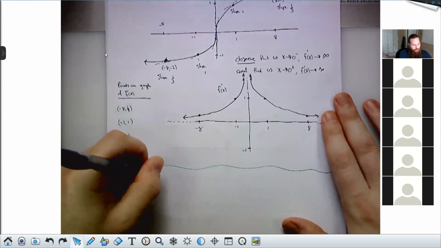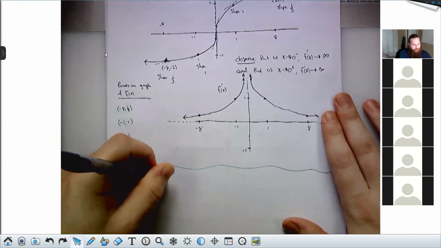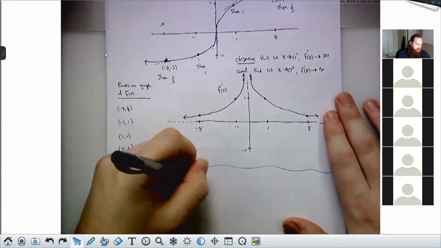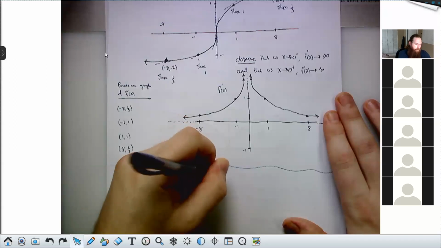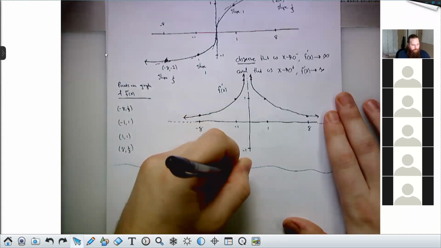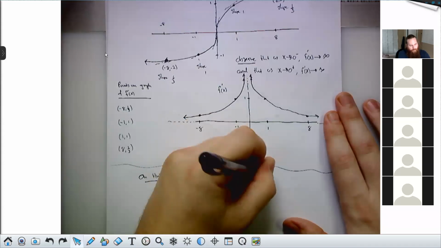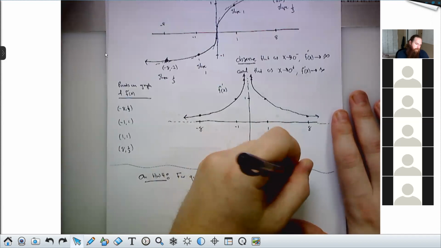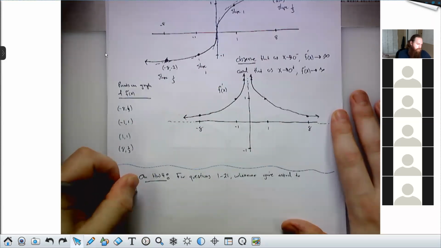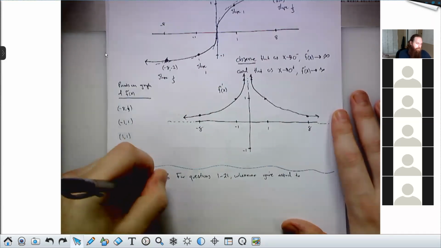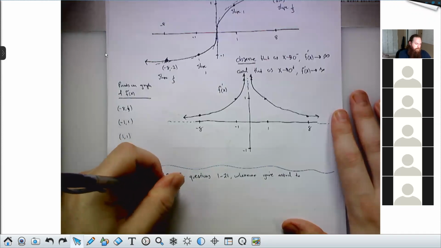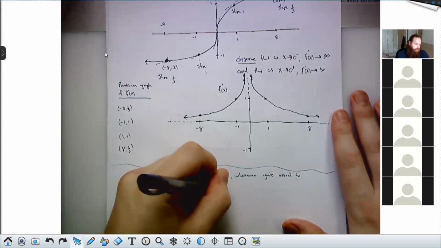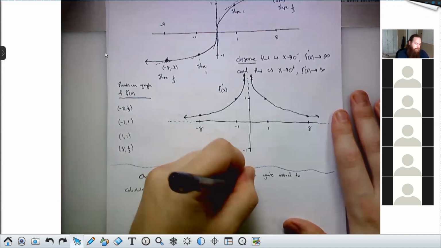On homework 4, for questions 1 through 21, whenever you're asked to calculate a derivative, you must use the limit definition.